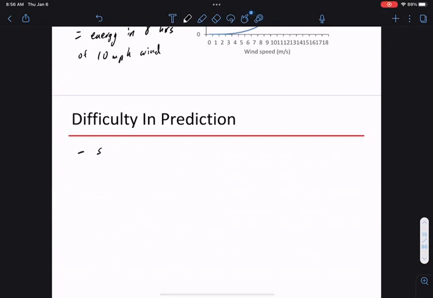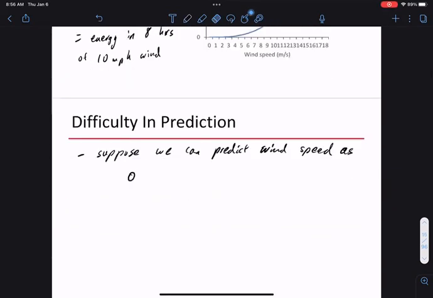Suppose we can predict wind speed as follows.